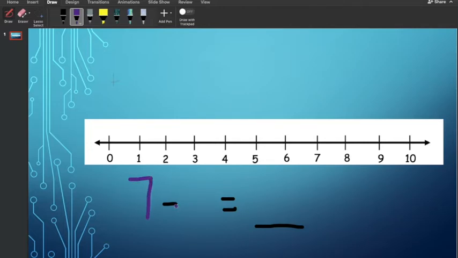7 minus 1. So my greatest number or whole number is 7. And again, if I had my number bond here, so I'm going to draw it this way. Oh, hold on a second. It's hard to see that. Let me just do that in a different color here.